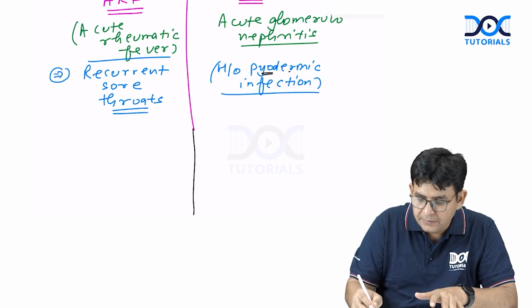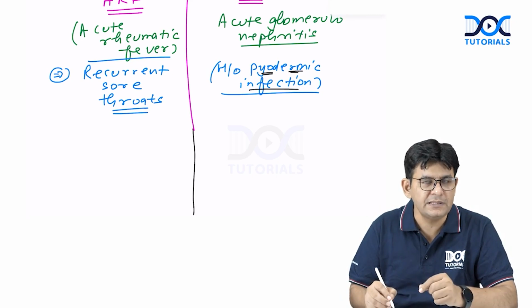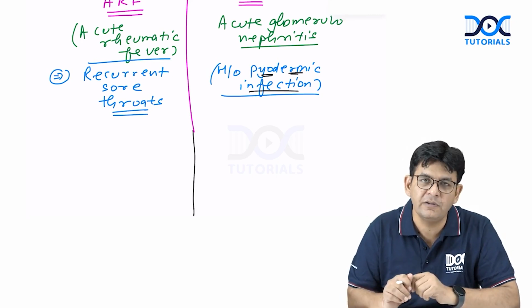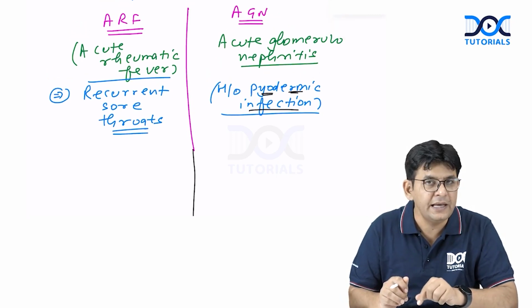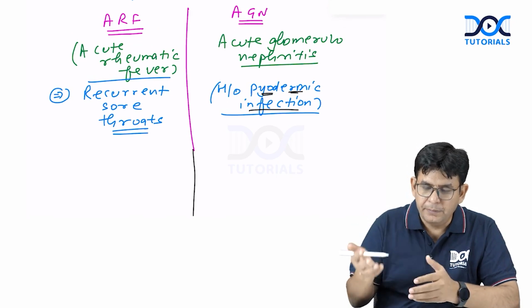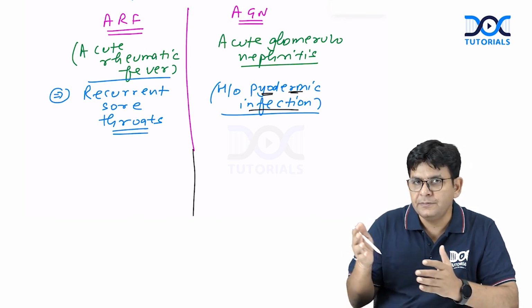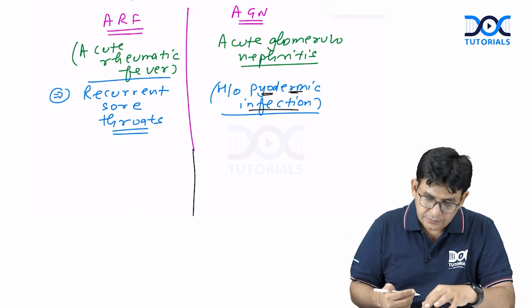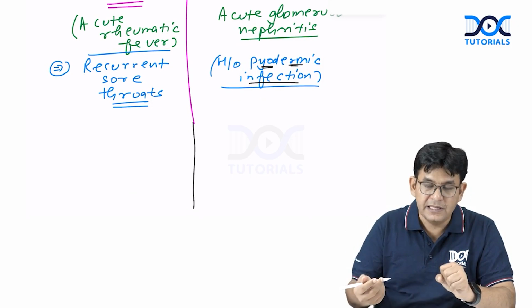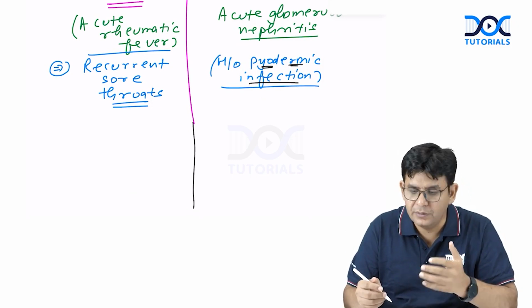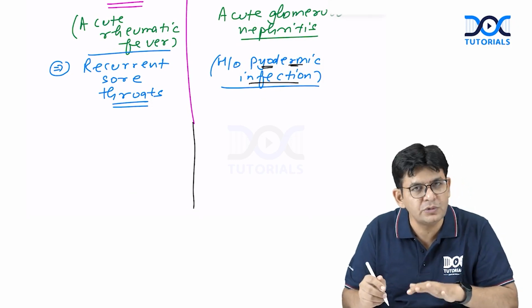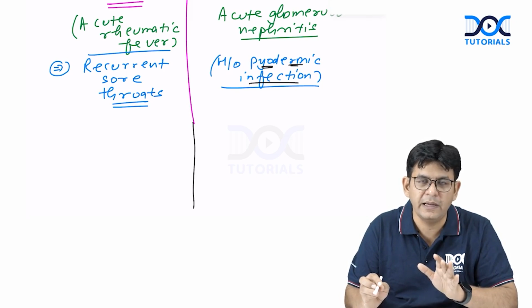Means some skin infection with pus happens and later on the kidneys get involved. That is what is termed as acute glomerulonephritis after this pyodermic stuff. Okay. But some say that it is only after pyoderma. No, it is not so. This glomerulonephritis can be after a sore throat also.